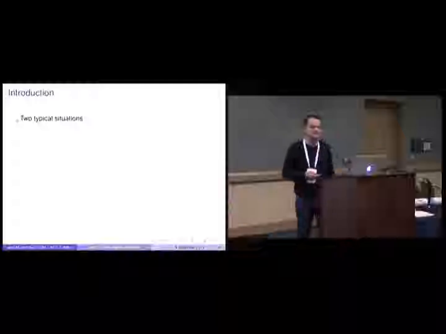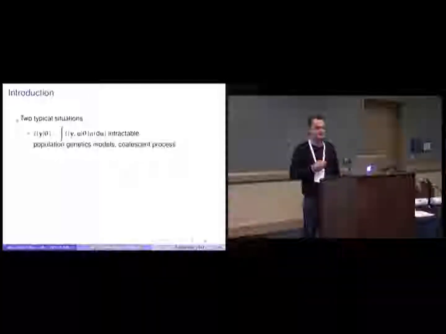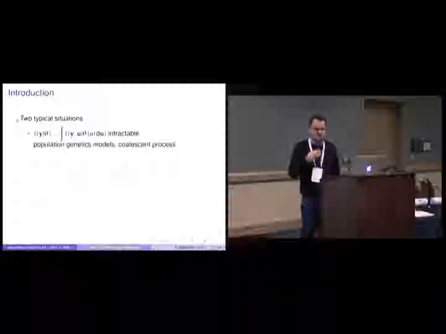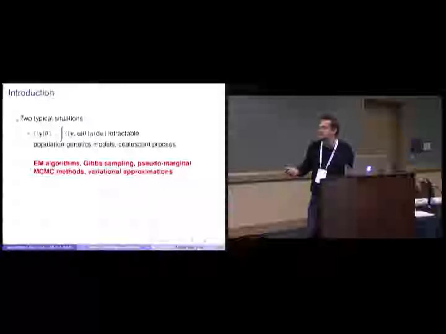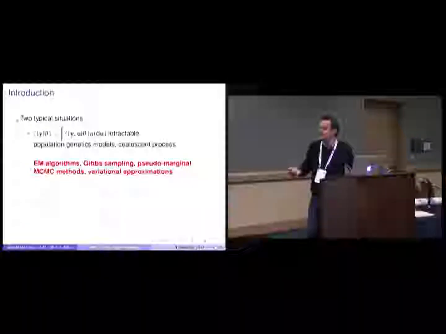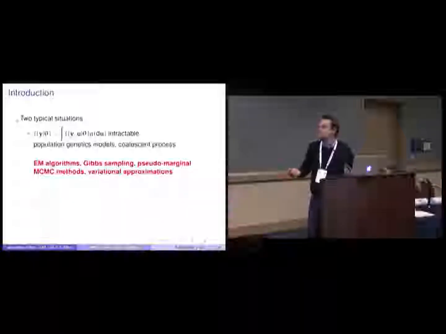There are two typical situations in which this is the case. The first one is where the intractability is due to the presence of a latent variable. You have a big latent variable which lives in a very large space, and you are not able to integrate this latent variable, which is called U in this slide.